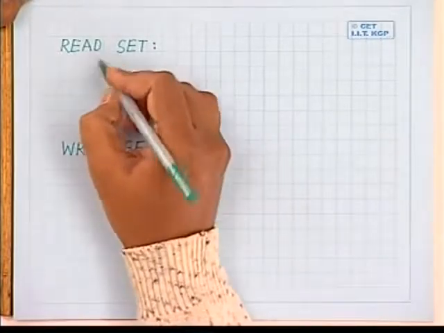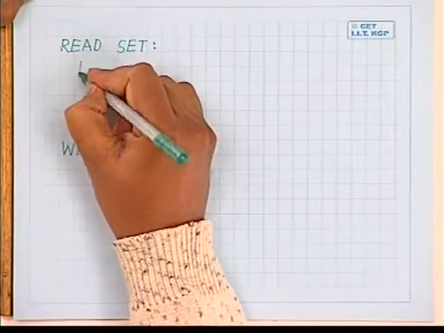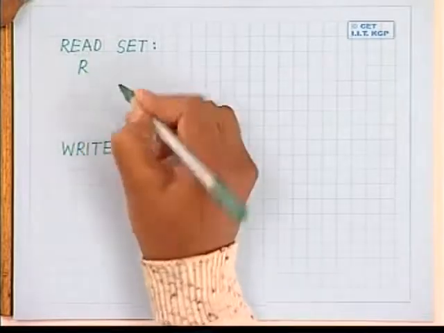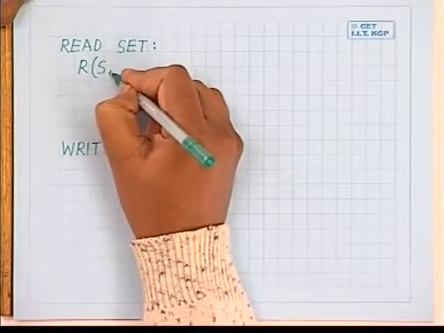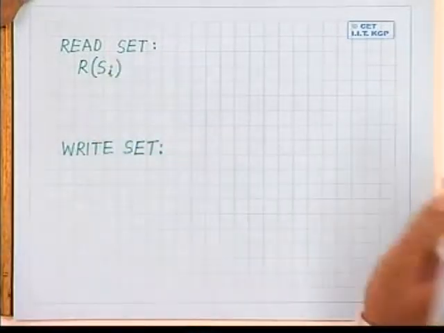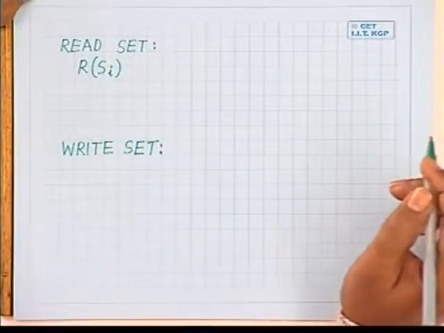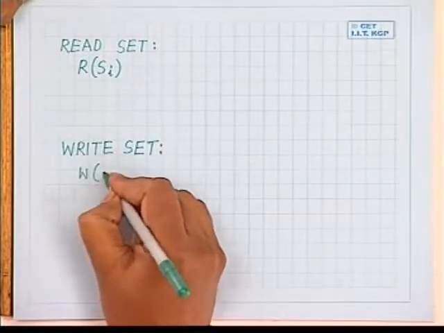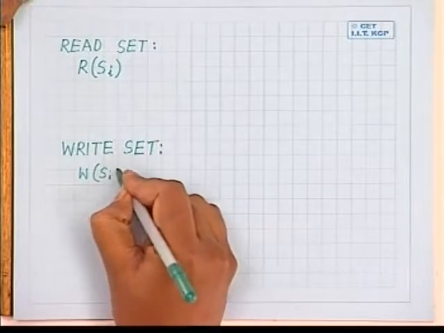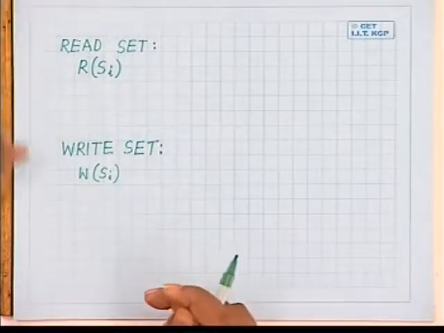The read set of a given statement or of a given module is represented by RSI, where SI is the ith statement or ith module. Write set is similarly represented by WSI, where SI is the ith statement or the ith module.